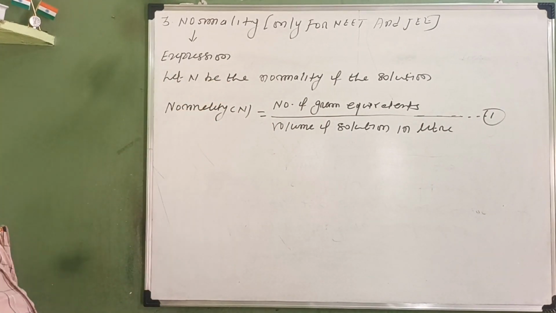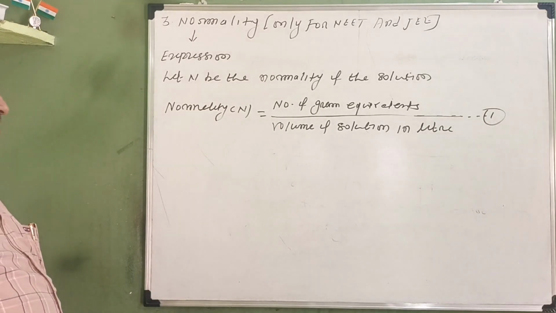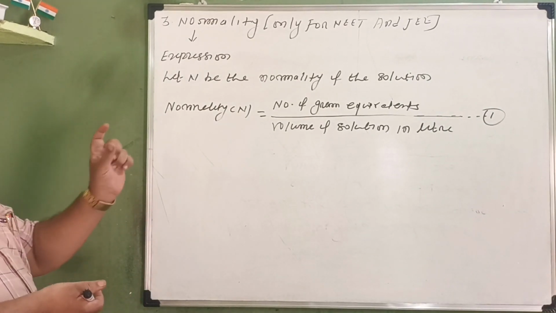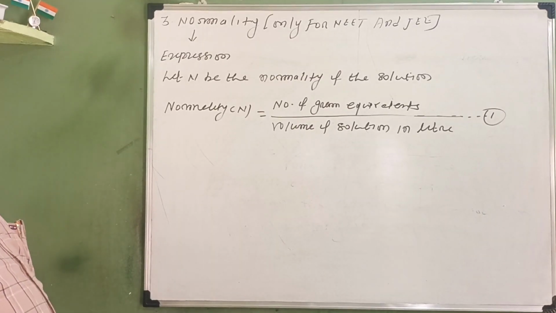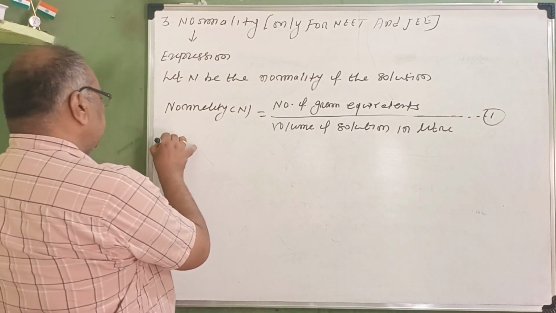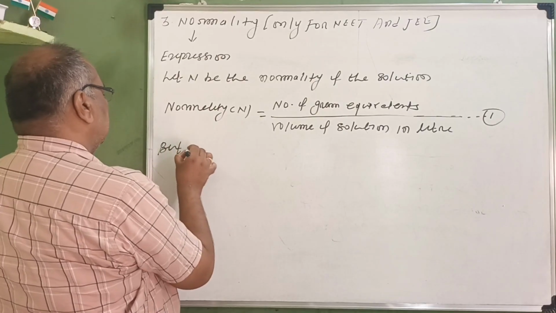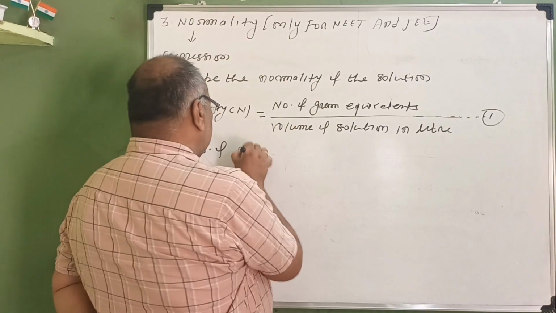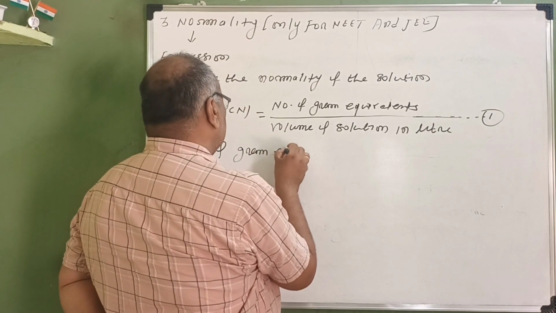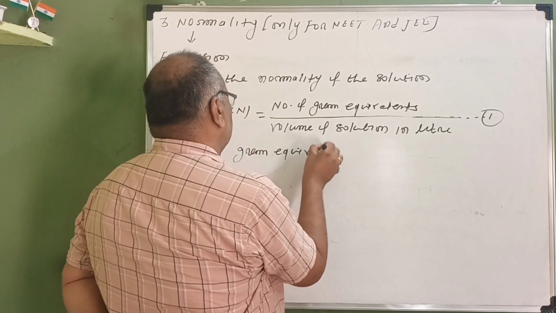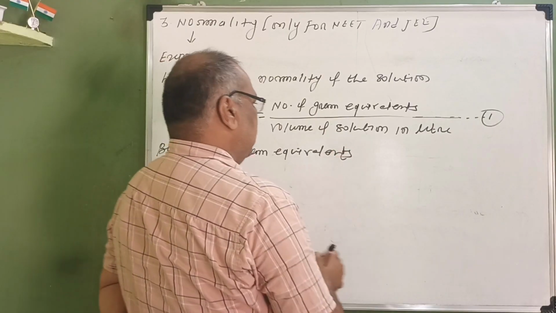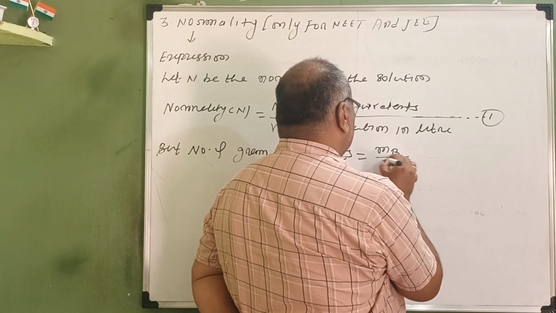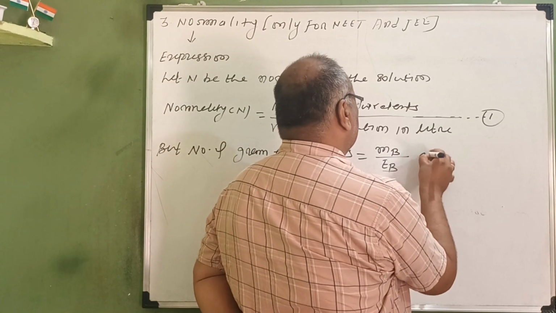Gram equivalent means equivalent mass expressed in gram, but how will you find out the equivalent mass? Number of gram equivalents equal to mass upon equivalent mass.